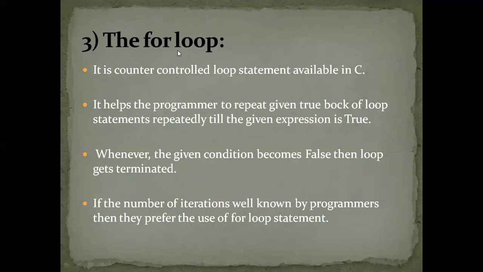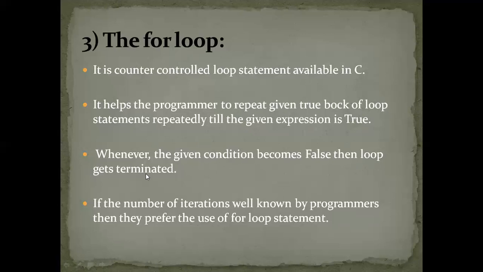When the number of iterations is well known by the programmer, we make use of the for loop. It helps the programmer repeat the given true block of loop statements repeatedly till the given expression is true. If the expression is true, the programmer executes the block of loop statements repeatedly. Whenever the condition becomes false, the loop gets terminated.